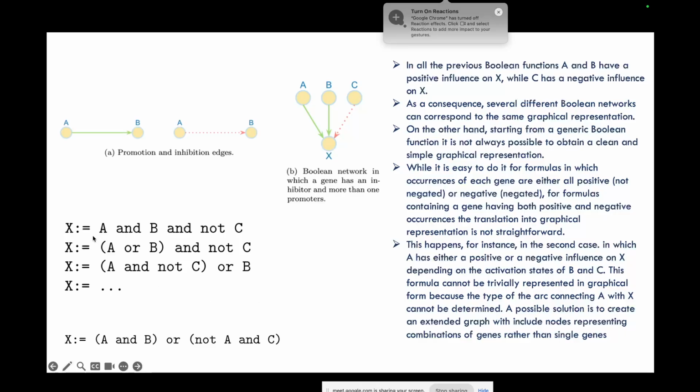So for the second instance, A or B and not C, all these conditions actually satisfy this particular representation.